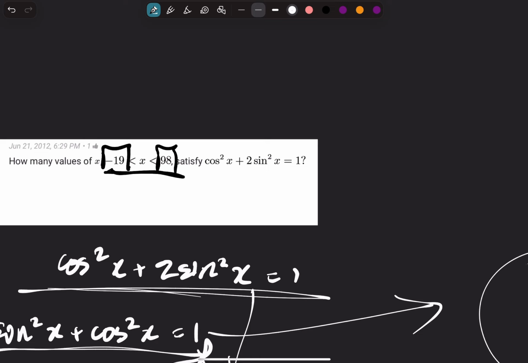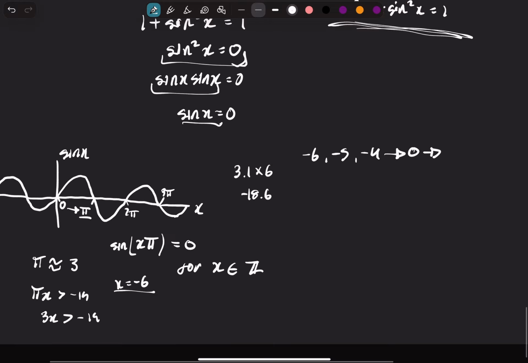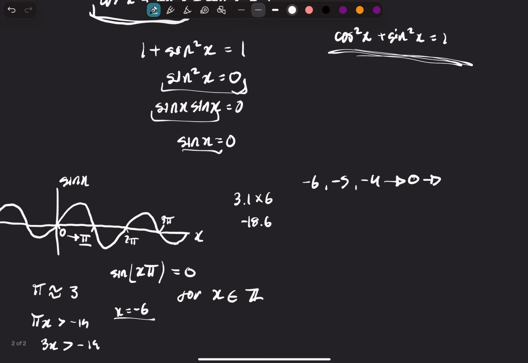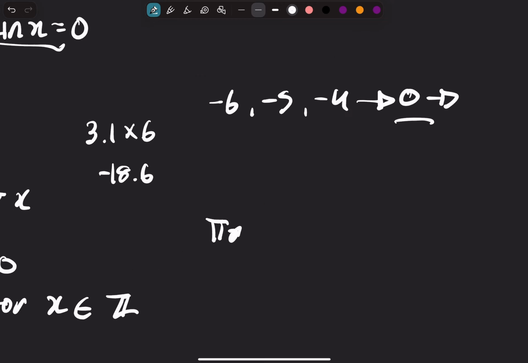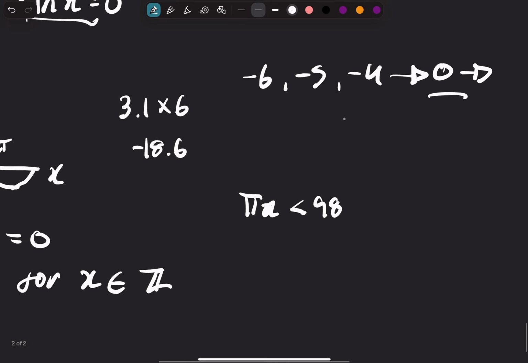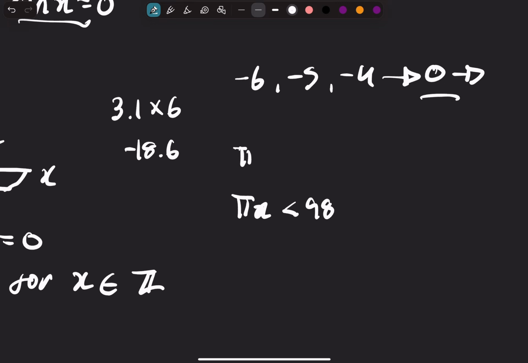And then after that, we have from 0 to whatever's the greatest value of x such that sine of pi x equals 0, right? So if we go down, where was I? Here. We want pi x to be less than 98. Now, I'm going to do the same thing I did last time and say pi is roughly equal to 3.